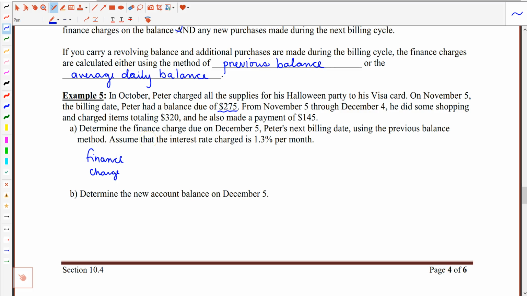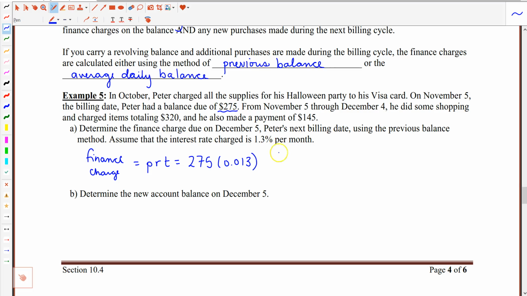So the finance charge is going to be calculated by doing the principal times the rate times the time. The previous balance was $275. The interest rate over the month is 1.3%, which as a decimal would be 0.013.